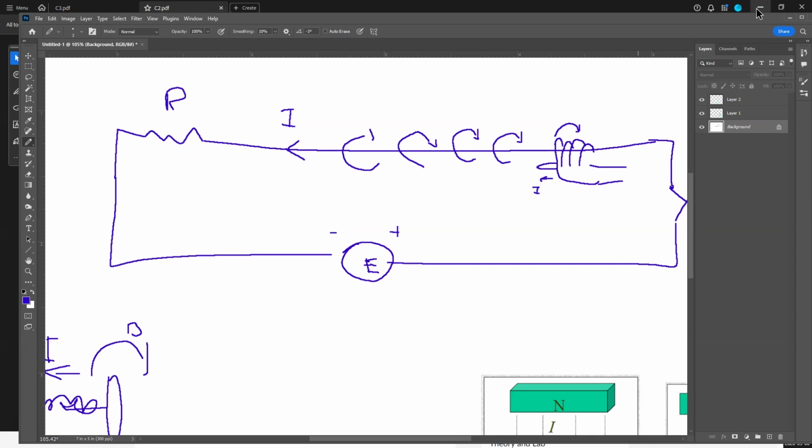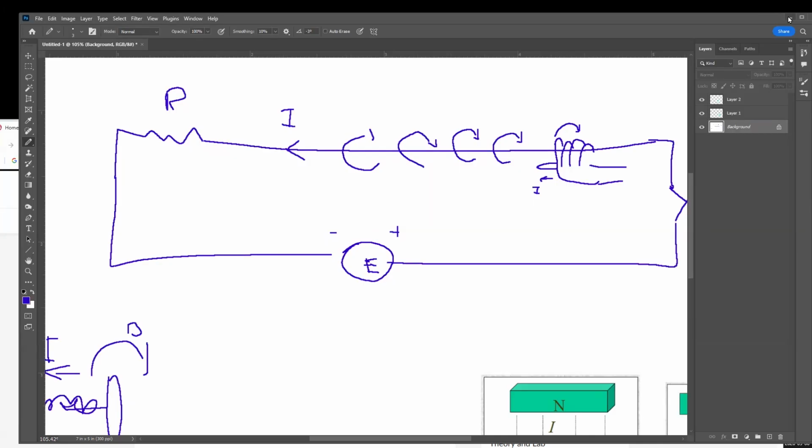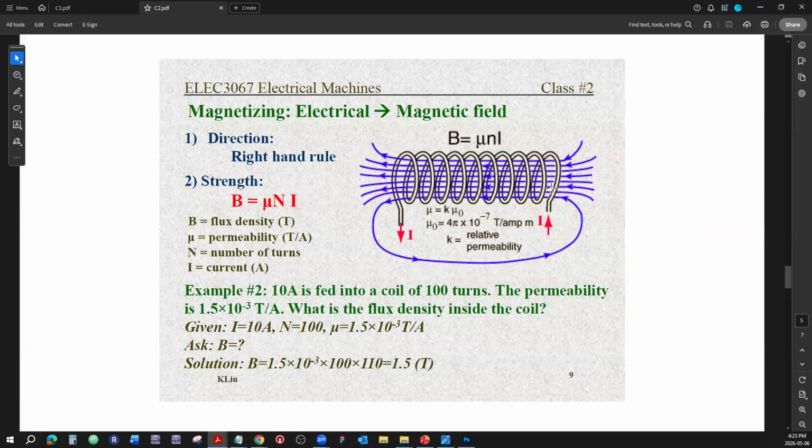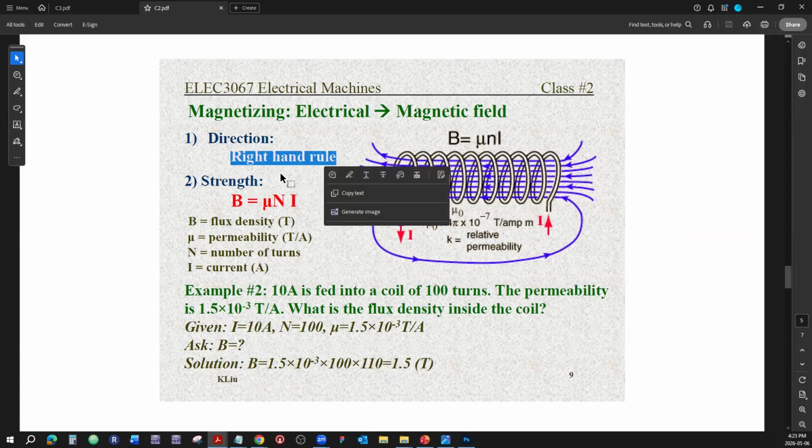And of course, when you coil that up, you get this effect, because those lines are going to add. That's what it means. We're using the right-hand rule.